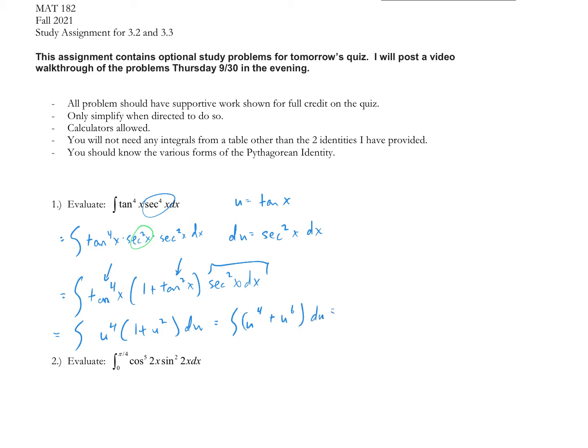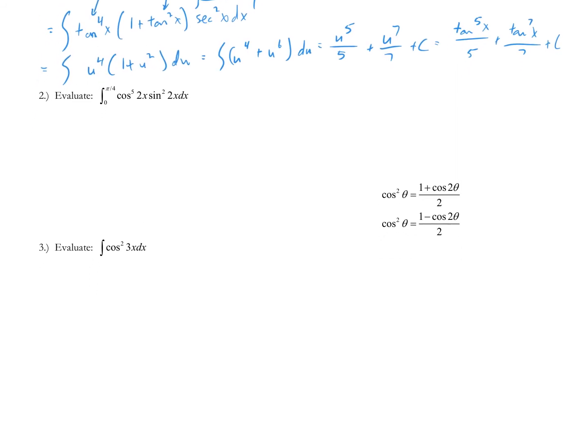And then finally, well, almost finally, u to the fifth over 5, plus u to the seventh over 7, plus our constant c, and then we're going to back substitute. U was tangent x, so we get tangent to the fifth x over 5, plus tangent to the seventh x over 7, plus our constant c.